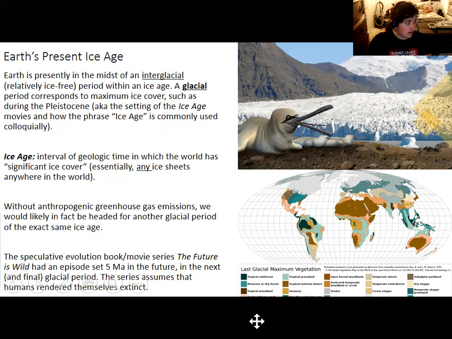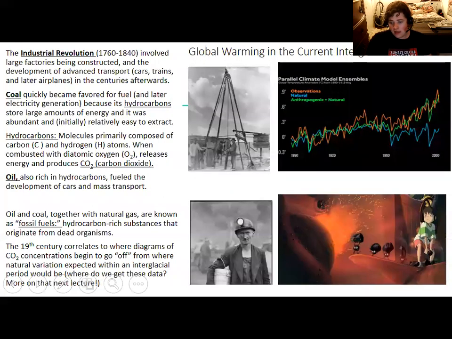So in the current interglacial period, humanity has changed Earth quite a bit. And the rise in the emissions of greenhouse gases and the atmospheric concentrations of greenhouse gases can be pinpointed to the late 18th century. The late 18th and early 19th century, the Industrial Age.